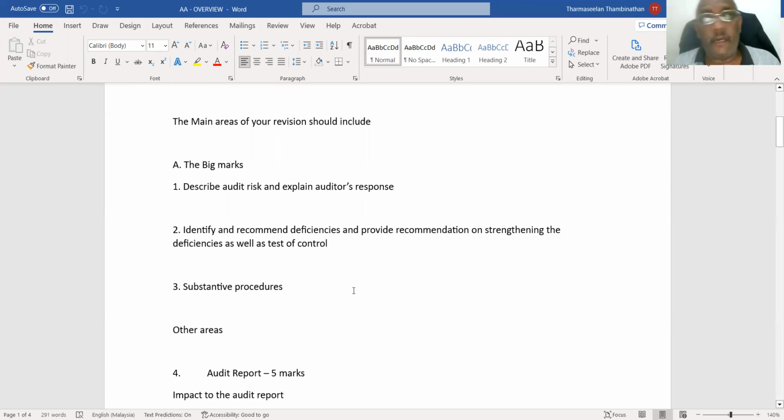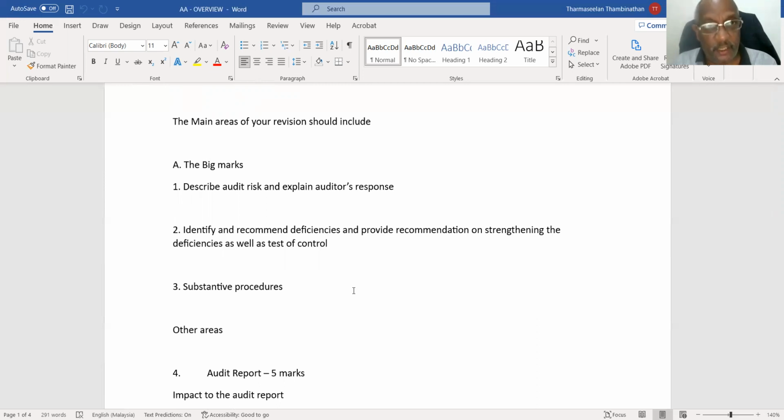Substantive procedures. Ladies and gentlemen, anything between 20 to 25 marks, it can be a quarter of your paper. Oh yes, it can be a quarter of your paper. And this is where you've got to strike most of your marks from. Not very tricky, unless you don't read the questions carefully.